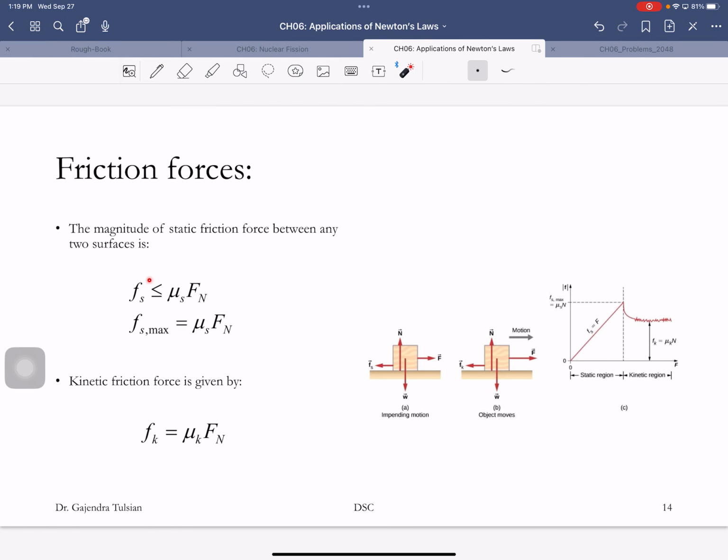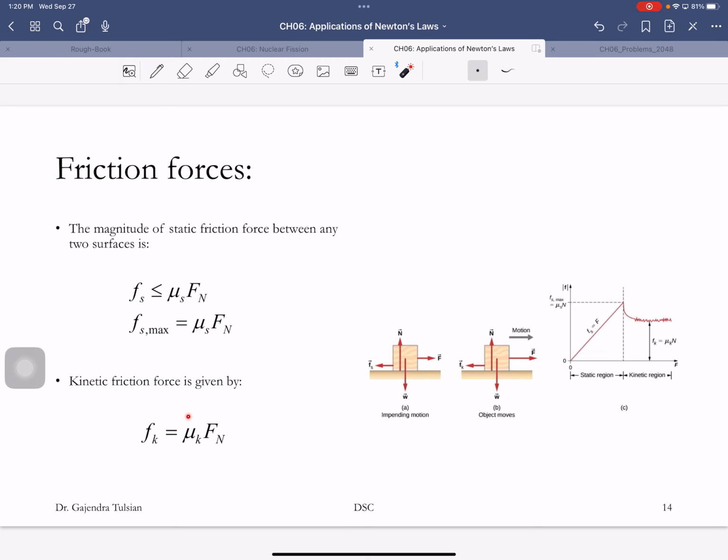All right, so you saw that the static friction force is less than or equal to the maximum static friction force. The maximum static friction force is mu s times the normal force. Once the object starts moving, it's a kinetic friction force, and that's mu k times Fn.